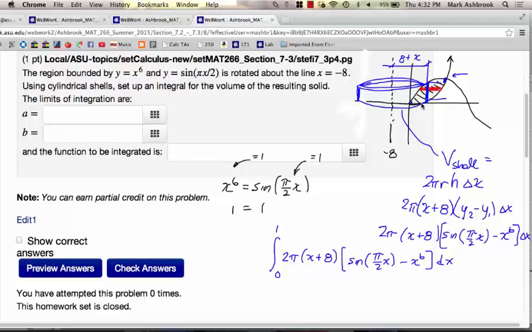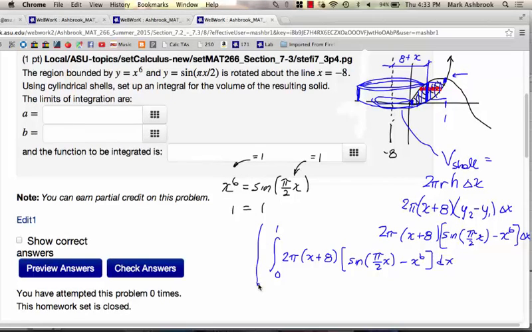But in terms of the bounds, the first shell is there at 0, and the last shell is here at 1. So the bounds have nothing to do with the 8. 8 is what we're rotating around. The first little shell is right here, and then we have all the shells starting from 0 all the way to 1. Does that answer it?